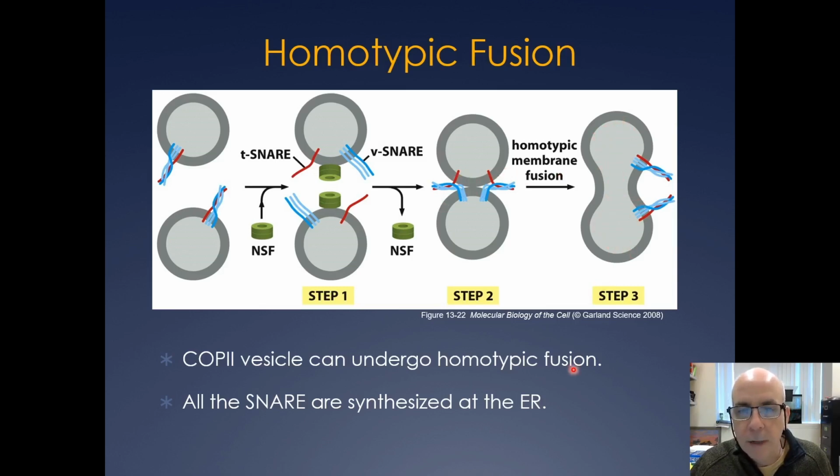Okay, and all the SNAREs are synthesized on the ER, and so when this happens, they form the trans-SNARE, and then they fuse, and eventually when these get to the Golgi, they'll get retrieved and recycled back to the endoplasmic reticulum.